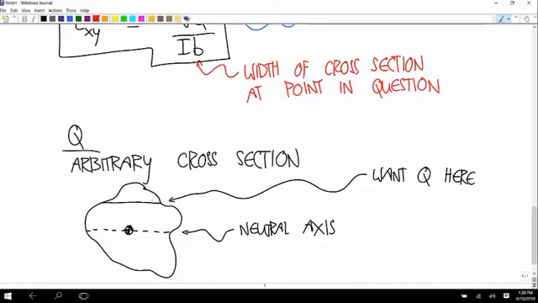Then take the area that's above that line and locate its centroid. So this is the centroid of the whole cross section, and this is the centroid of the area above that line.